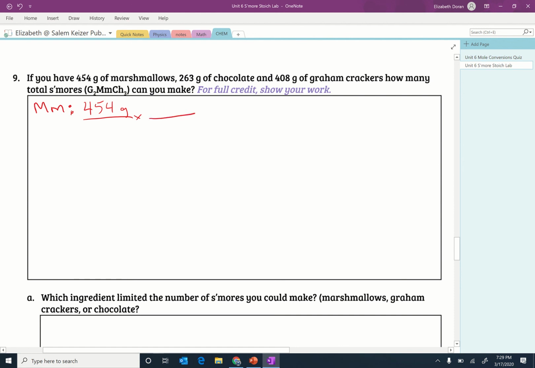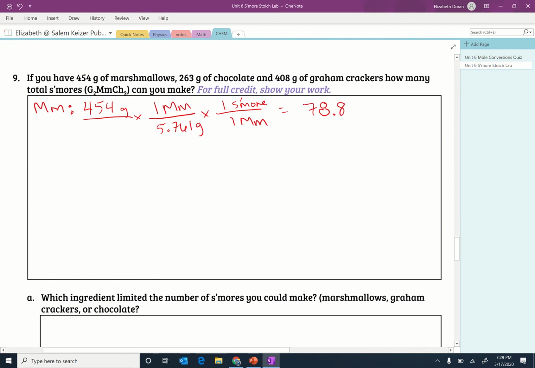So we're given the 454 grams of marshmallow. We know every 1 mallow is going to have a mass of 5.761. Okay, and then we know that 1 s'more has 1 mallow. Okay, so there we get 78.8 when we do the division.